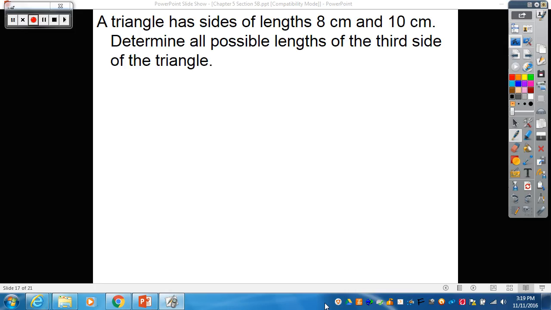So in this one it says this, and I want you to write this down. A triangle has sides of lengths 8 and 10. Determine all possible lengths. So basically I'm asking for what's the range of possible lengths for that third side. So determine the possible lengths of the third side of the triangle.